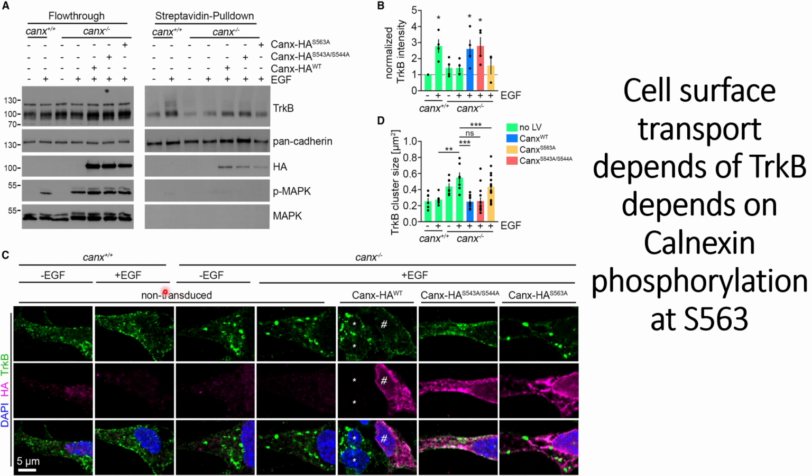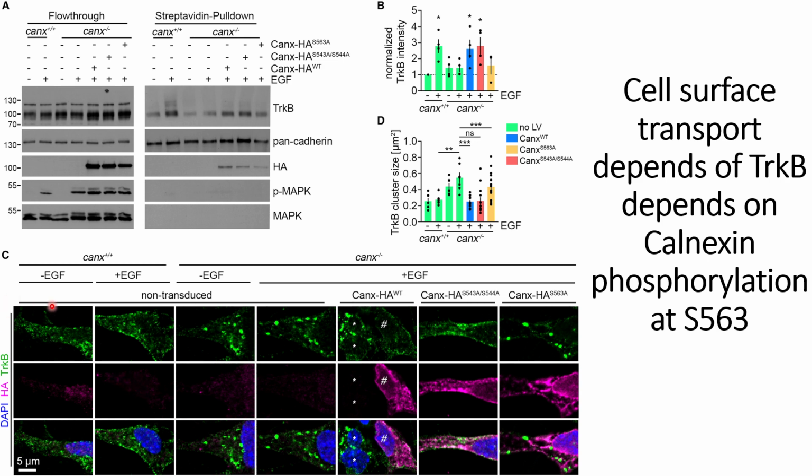Let me correct myself. In the case of these wild type cells, where the Calnexin is there and EGF is introduced, they can see that TrkB is spread equally across the endoplasmic reticulum.